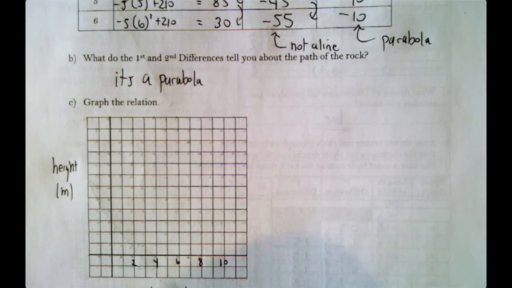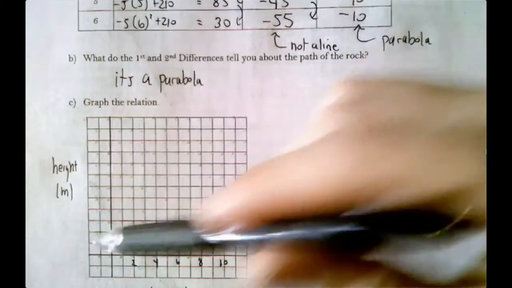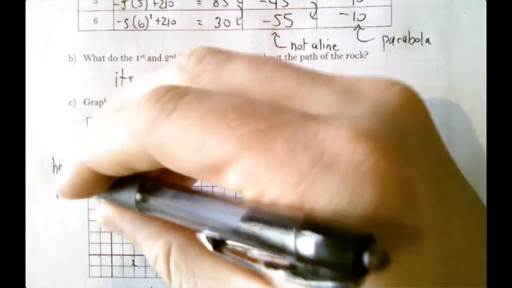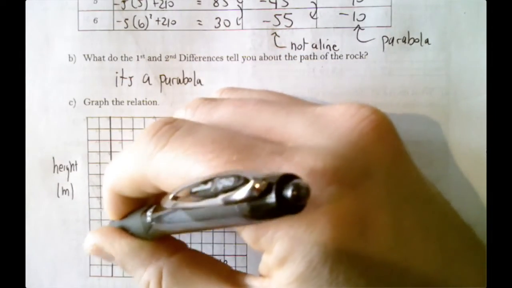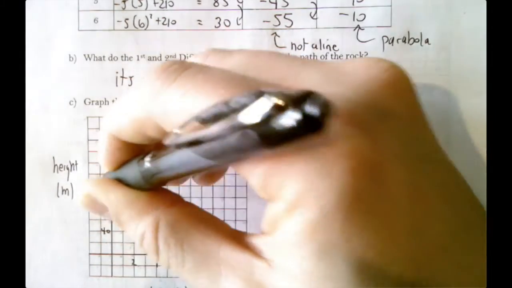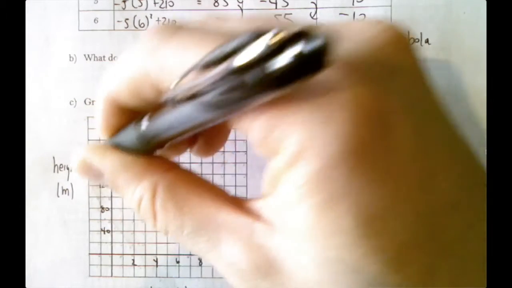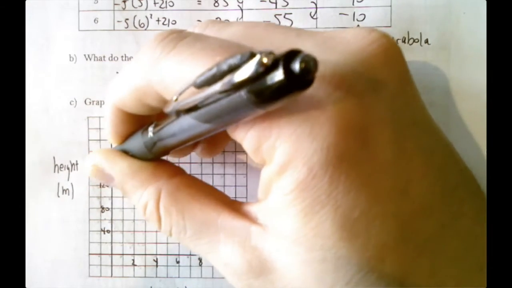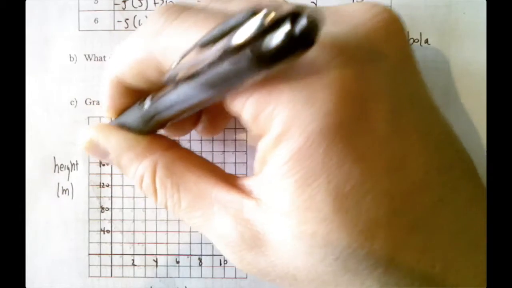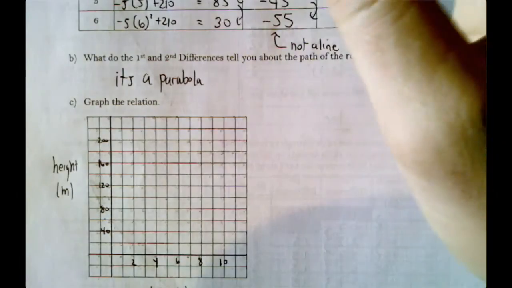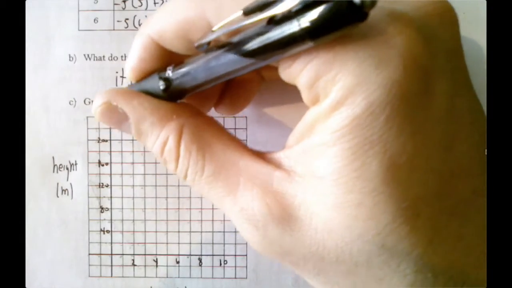And for heights, we should probably go up by something that gets us pretty high. 210. Let's do 20s. So 20, 40, 60, 80, 100, 120, 140, 160, 180, 200, 220, 240.